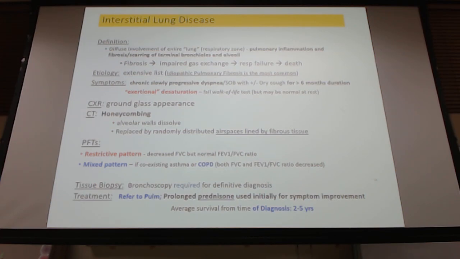Because although interstitial lung disease is typically in the actual tissue, the parenchyma, so our tubing is fine, our FEV1/FVC ratio is fine, it's just that we don't have as much vital capacity because we've replaced lung tissue with scarring. Just make sure you look to see if the patient has any other reason for having obstructive airway disease. Make sure you look at the entire patient. All right.